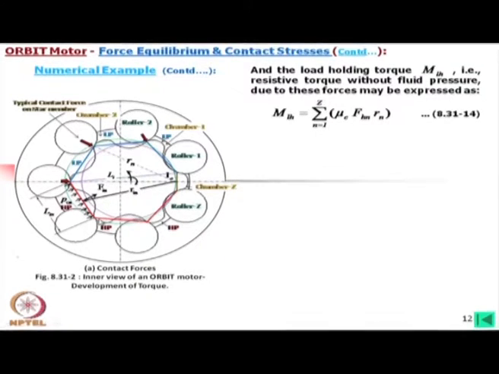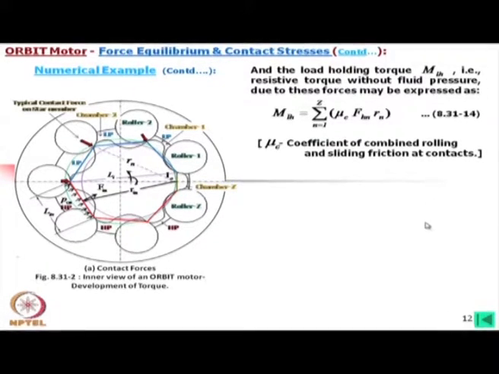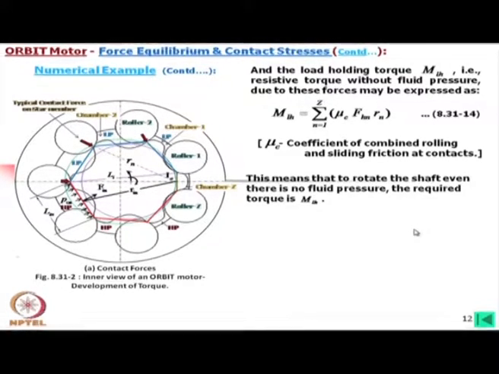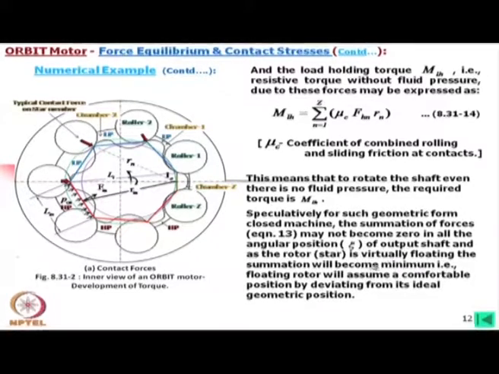To calculate this R n, we have to consider the distance from the contact point, because this is the normal force. So, this force is in the transverse direction, and that multiplied by R n will give the load holding torque. Mu c is the coefficient of combined rolling and sliding friction at contacts. This means that to rotate the shaft, even if there is no fluid pressure, the required torque is M L H.